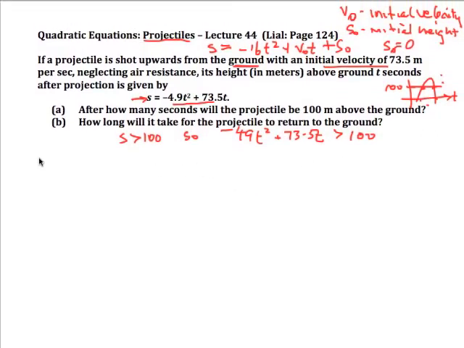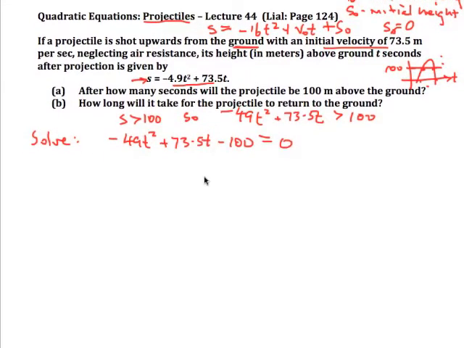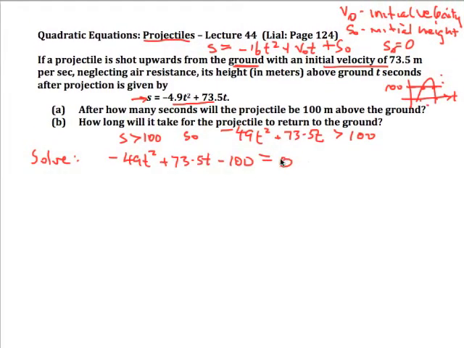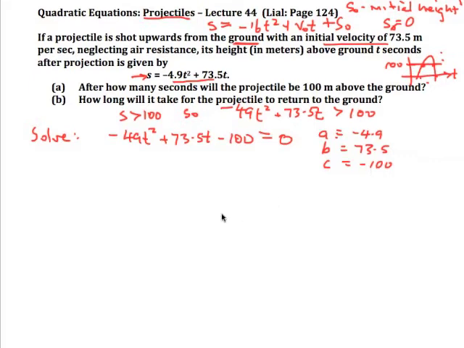So what we do is first of all we solve when negative 4.9t squared plus 73.5t minus 100 is equal to 0. Let's find where it's equal to 0 first. Now this is a general quadratic in standard form, so A is equal to negative 4.9, B is equal to 73.5, and C is equal to negative 100.